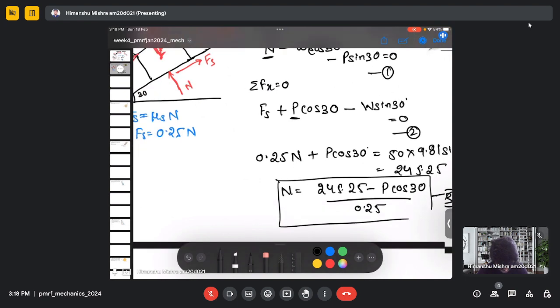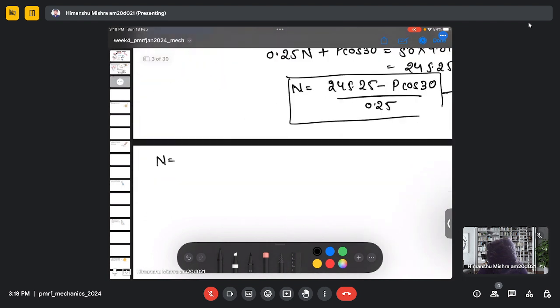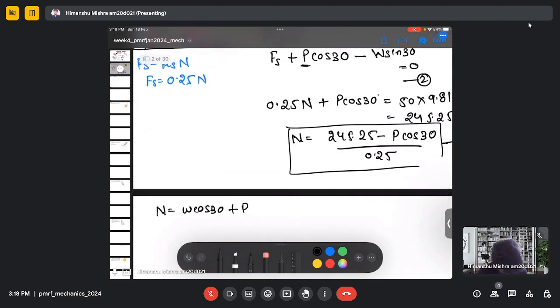So from equation 1 I can write N as N equals W cos theta plus P sin theta, which will be 424.785 plus P sin theta.